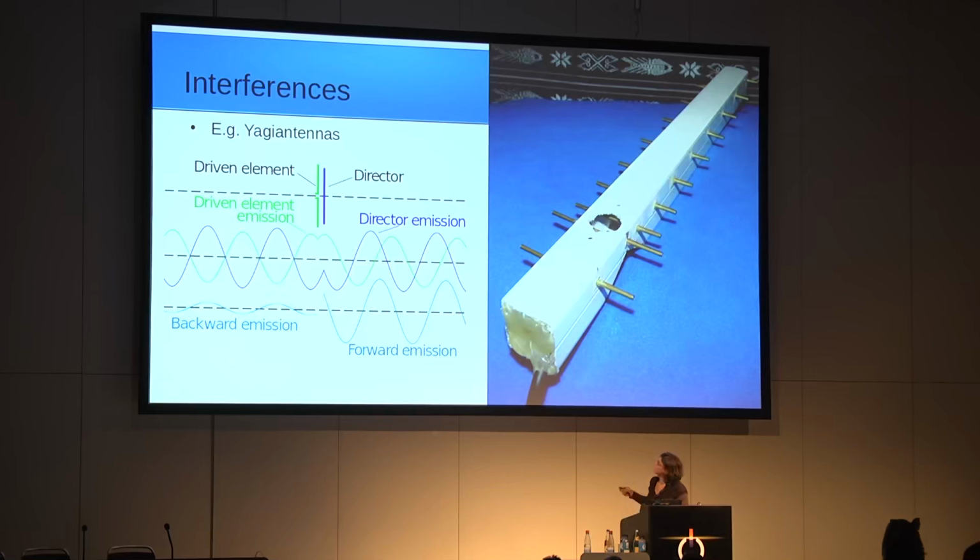You can see this for this two-element Yagi: we have the driven element and its emission, and then the director, and the emission from the director is out of phase in such a way that to the front of the antenna we get constructive interference, so the signal gets bigger, and to the back we get destructive interference, so we get less power to the back and more power to the front, as wanted.